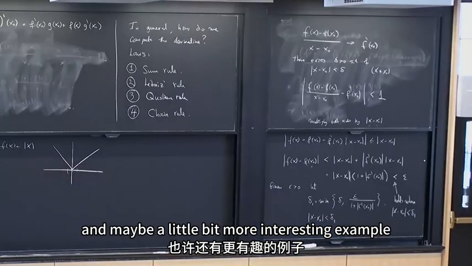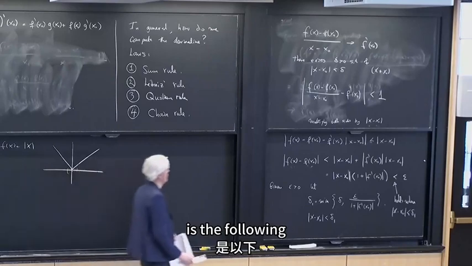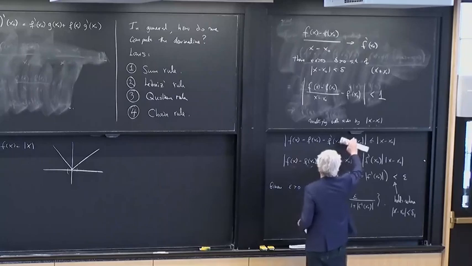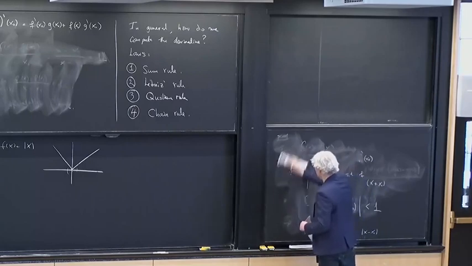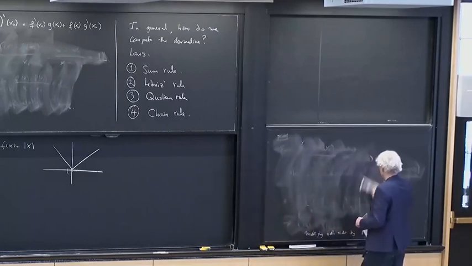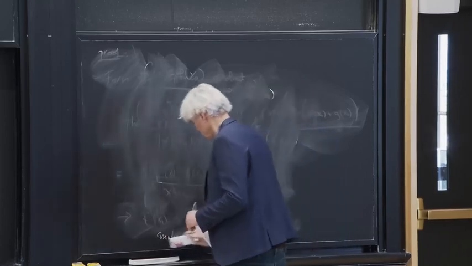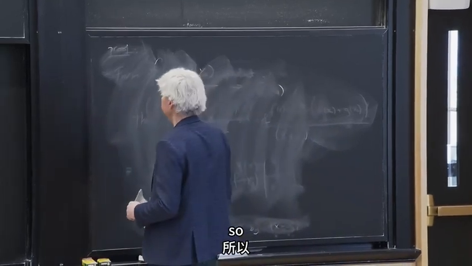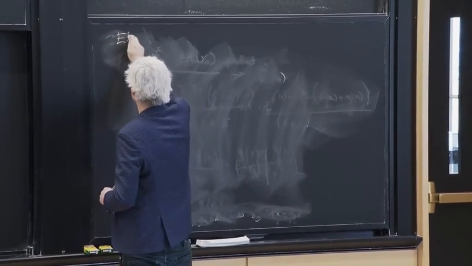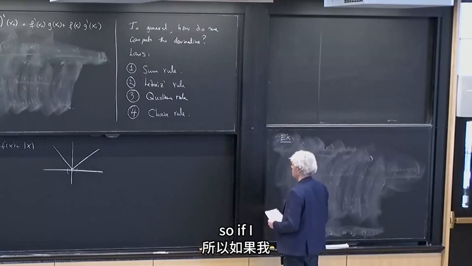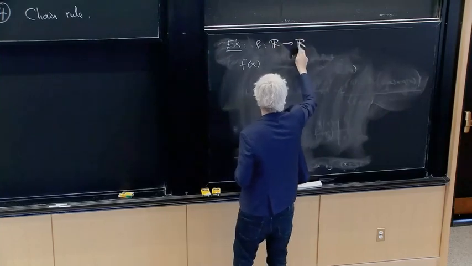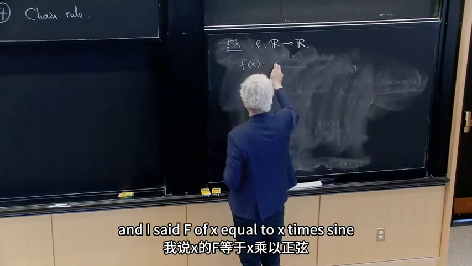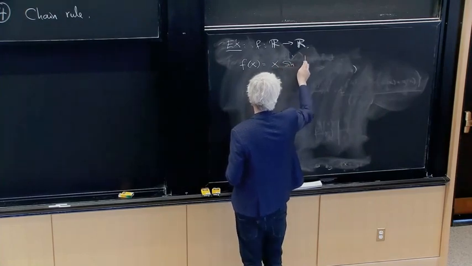Maybe a little bit more interesting example along the same line is the following. This is again a function from R into R. I set f of x equal to x times sine of 1 over x.